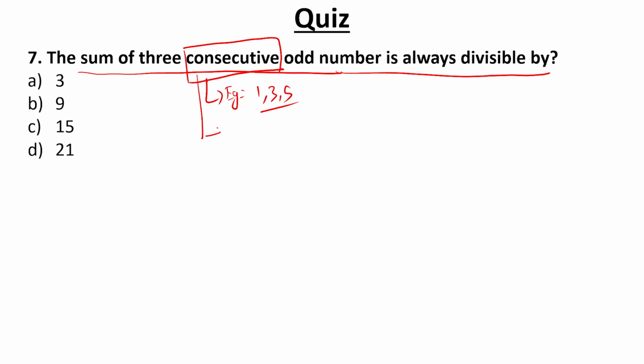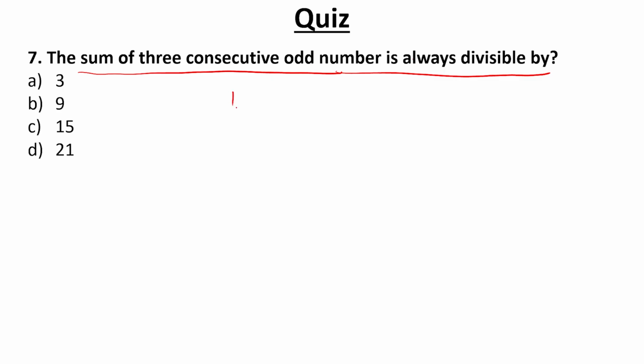However, non-consecutive means 1, 5, 9. There is a gap in between. They are not side by side odd numbers. So those are what they call non-consecutive odd numbers. I think most of you already know what is meant by consecutive and non-consecutive odd numbers.